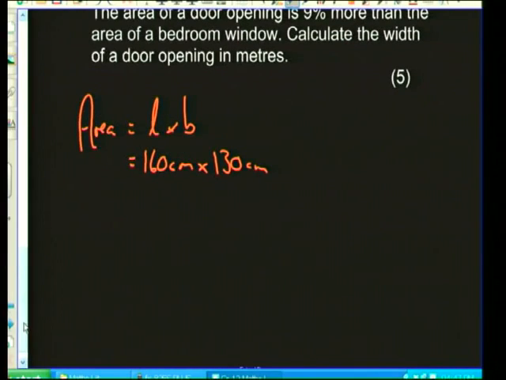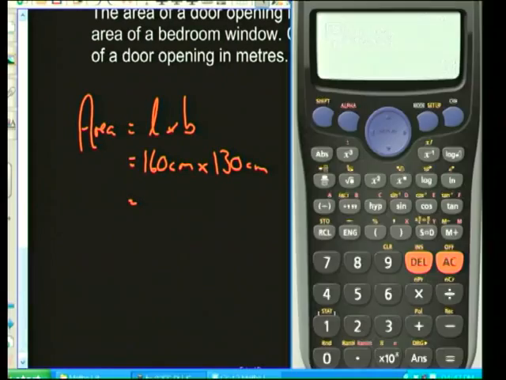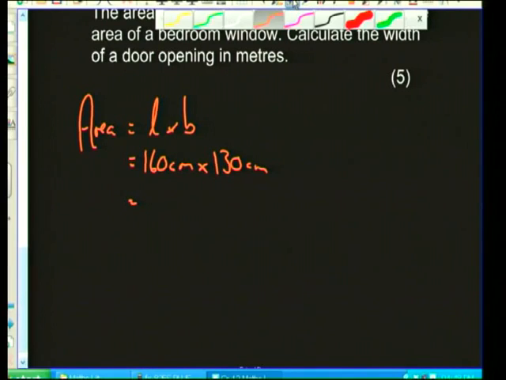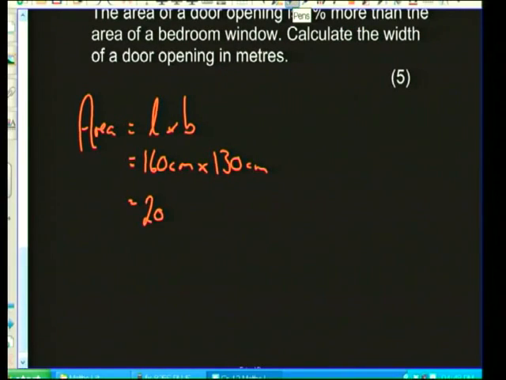So we're now able to work out the area of that whole window. With our calculator, 160 multiplied by 130 gives me 20,800 centimeters squared.